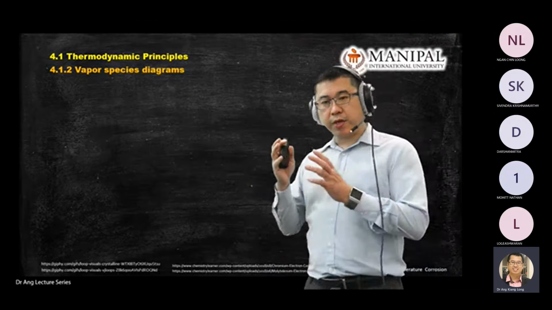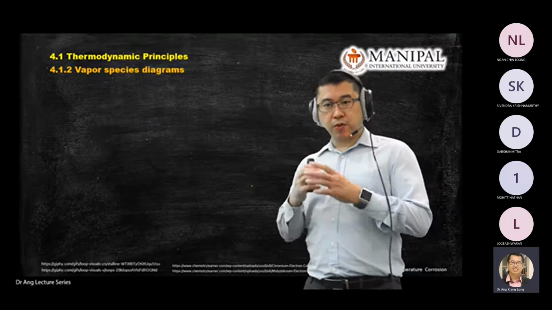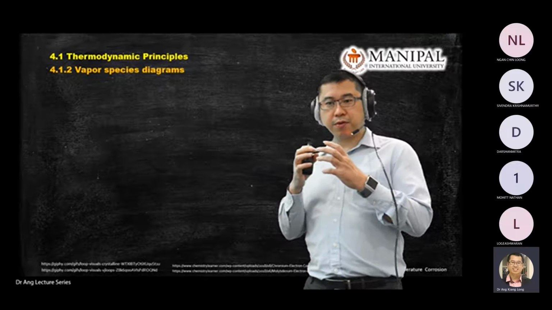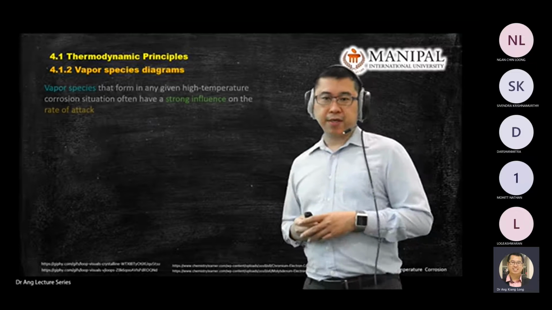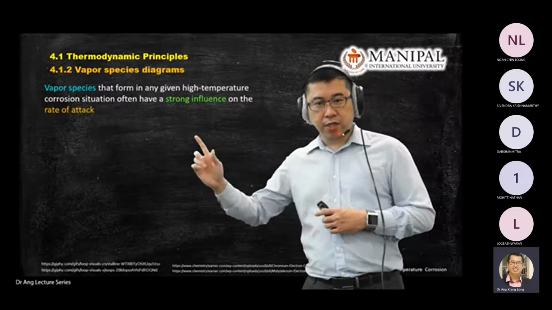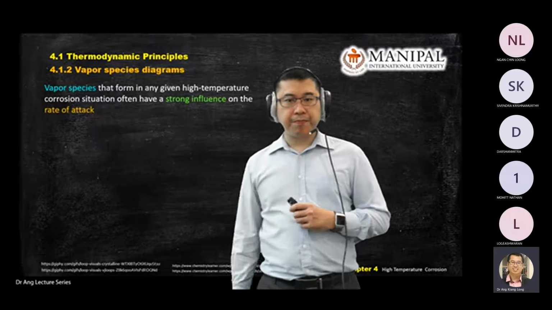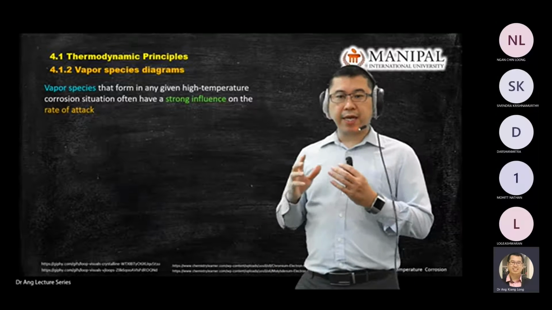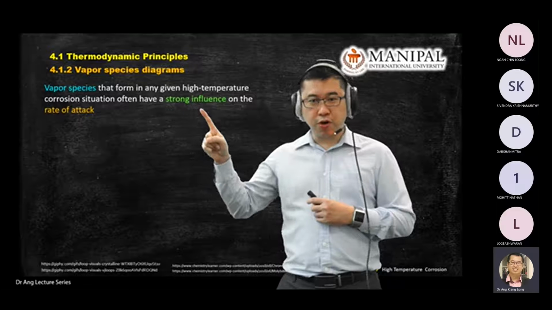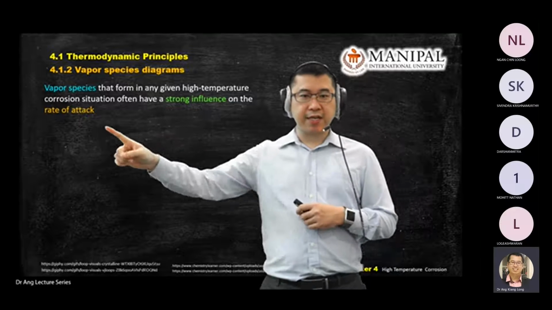During high temperature corrosion, all these chemical reactions happen, and all these species that appear in vapor form have a strong influence on the rate of attack.